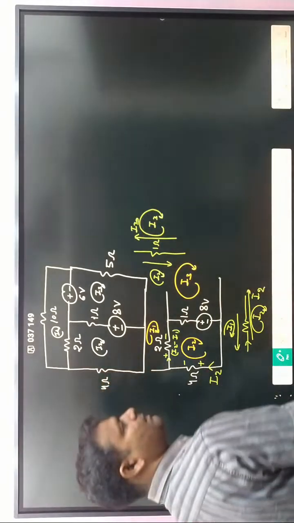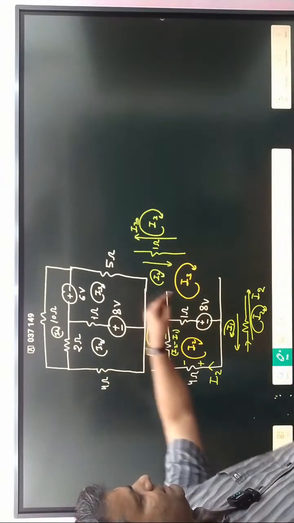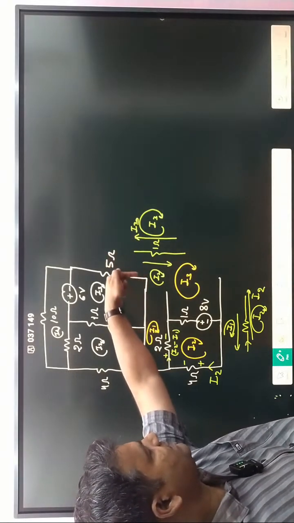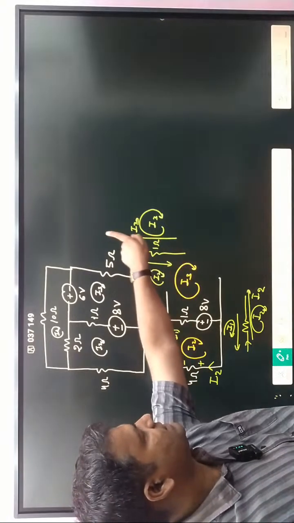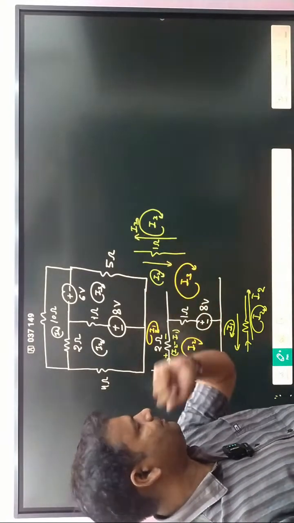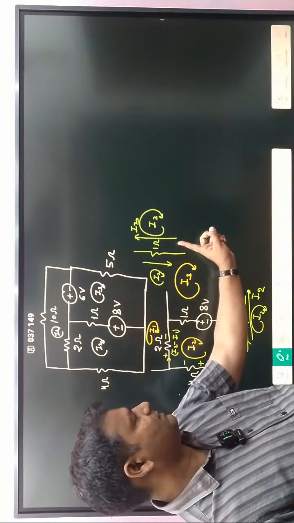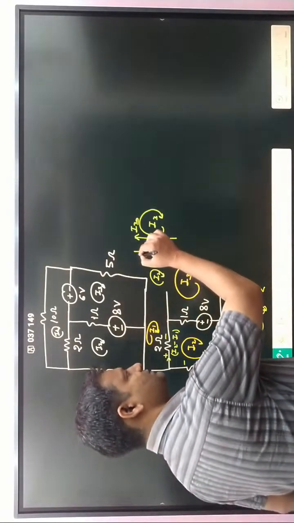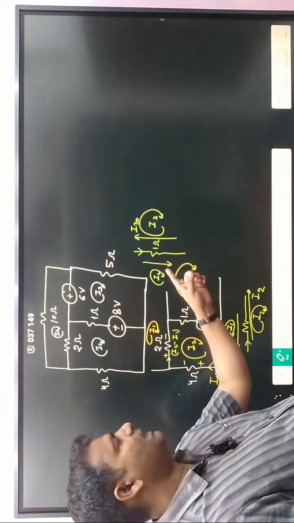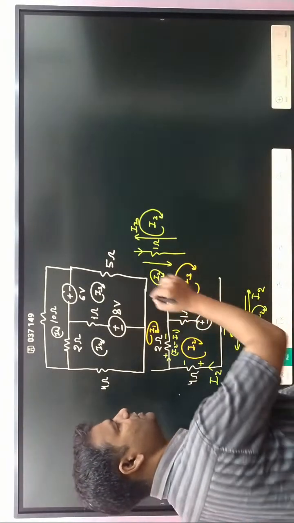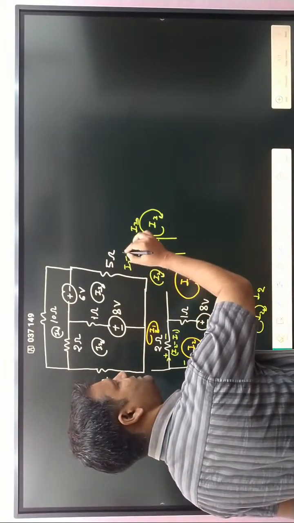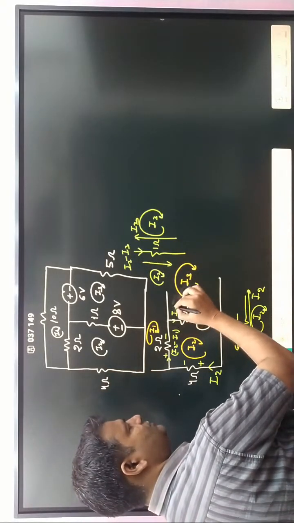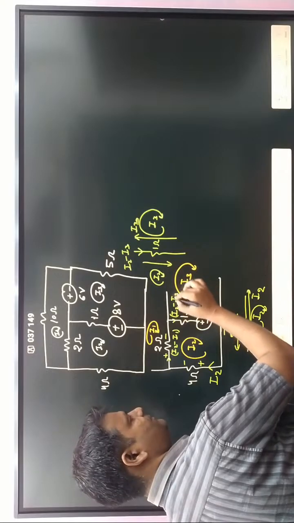So what about branch current? I2 minus I3. So what about net current in this direction? Simply you can write here I2 minus I3. So in this branch, I2 minus I3 current flows.